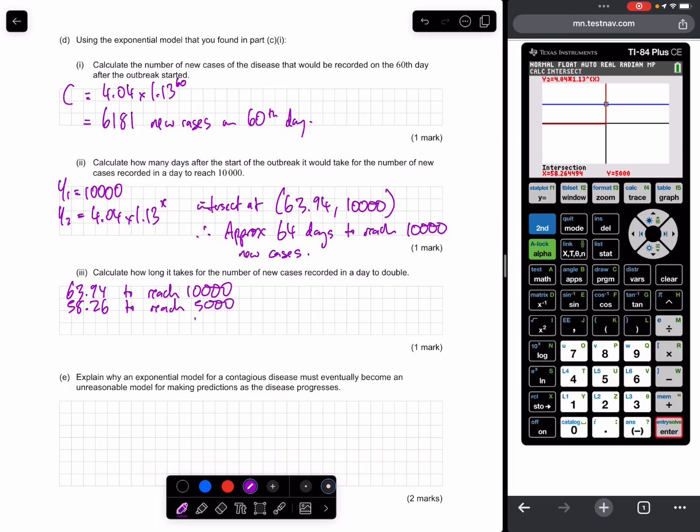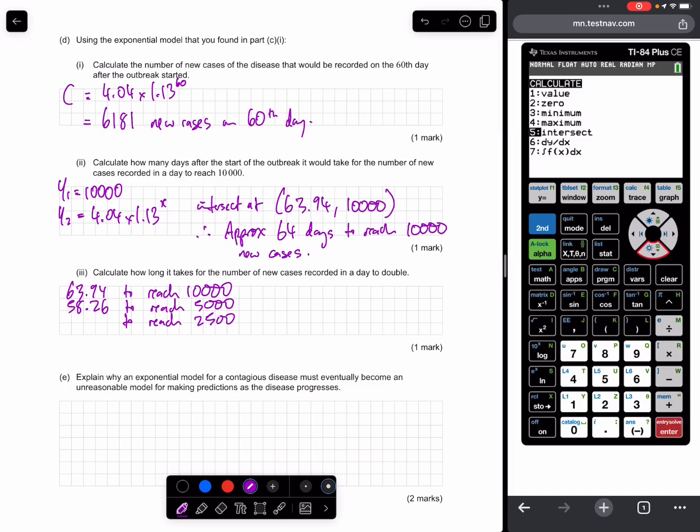Let's do 2,500. Graph, second trace, intersect. 52.59.